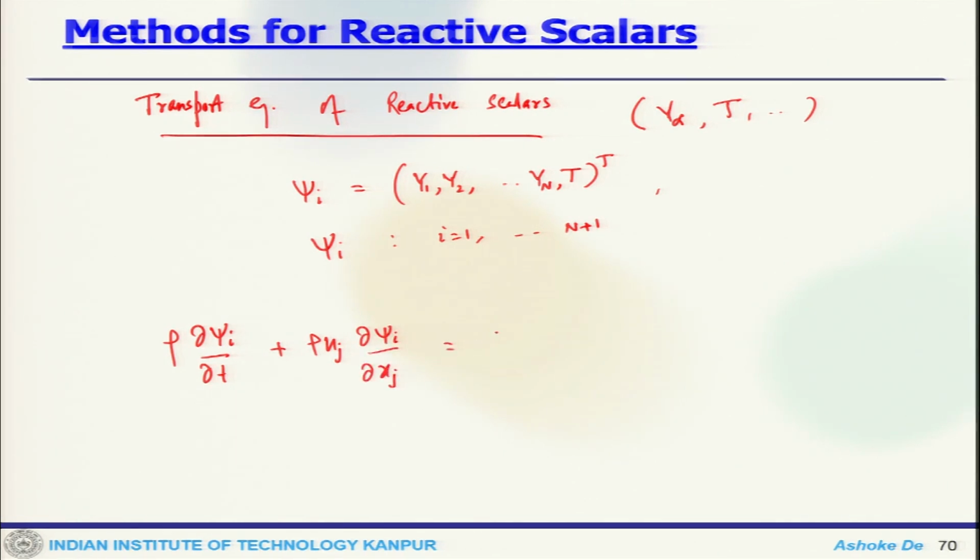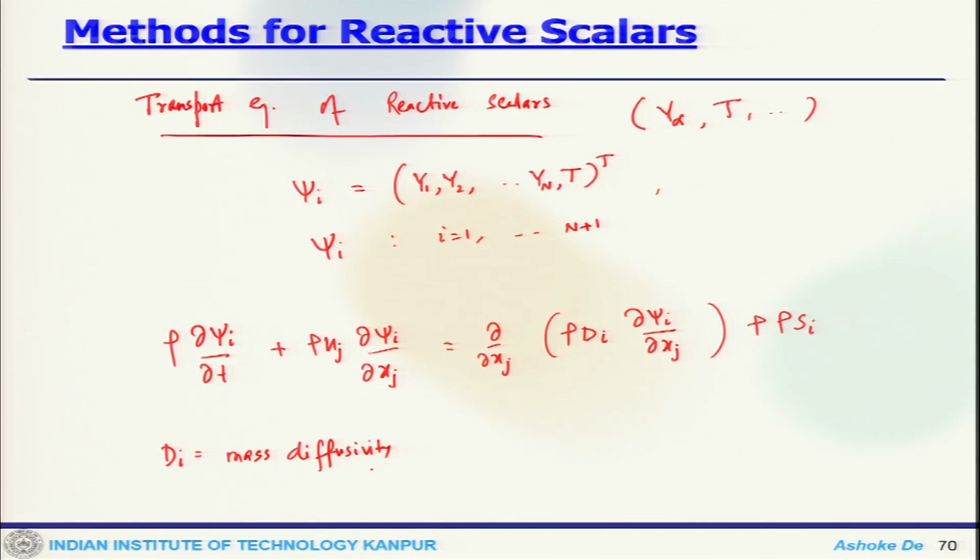So the balance equation would look like del psi i by del t, plus del of xj, rho Di del psi i by del xj, plus rho Si, where Di is your mass diffusivity, and it could be thermal diffusivity, and Si is the source term, whether it could be a chemical source term or temperature source term.